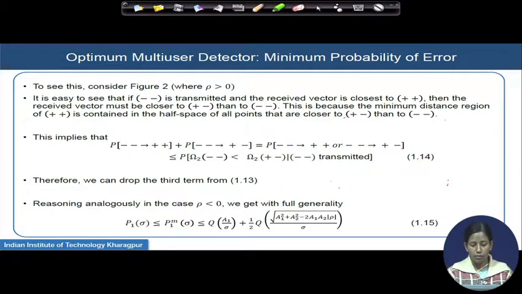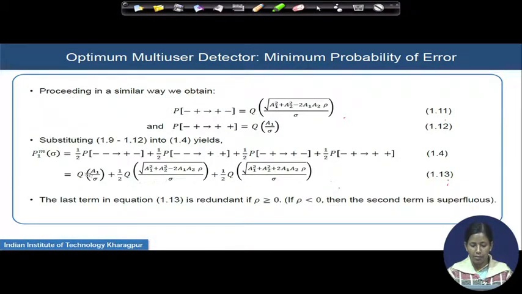In that situation, we finally end up with the probability of error for user number 1 being given by these two terms.